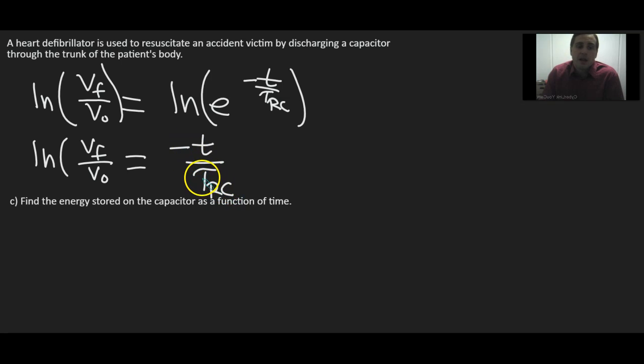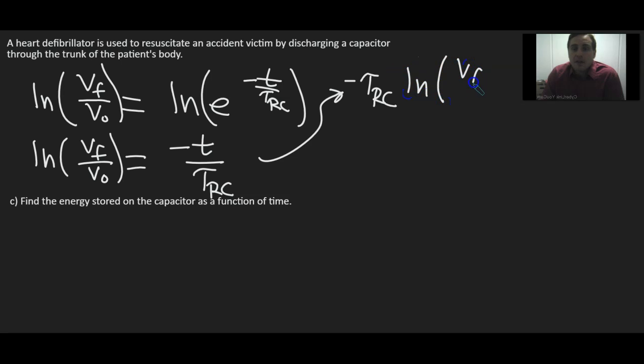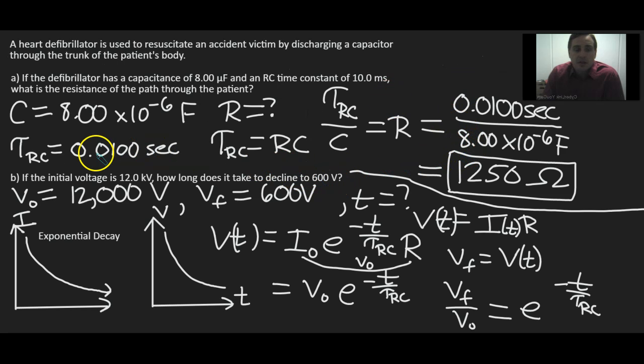And then we should multiply by negative tau RC. So this gives negative tau RC times natural log of VF over VO equal to t. And let's put the numbers in. So this is minus, and then tau RC was given as 10 milliseconds, so that's 0.01 seconds.